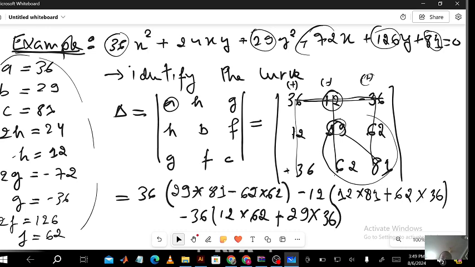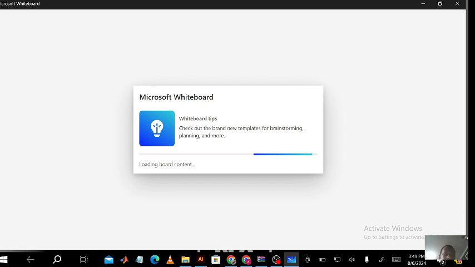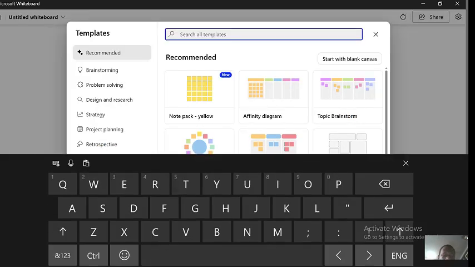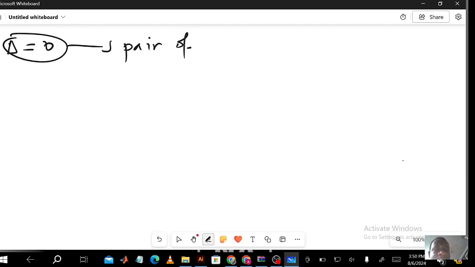Now if I determine the value of delta and my delta equals 0, directly I know the curve is a pair of straight lines.